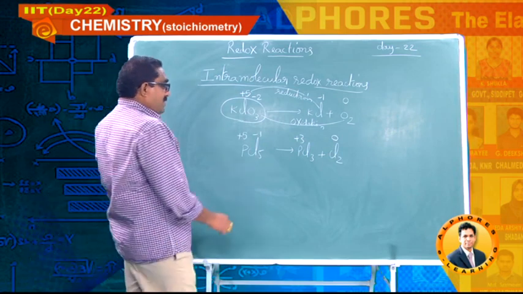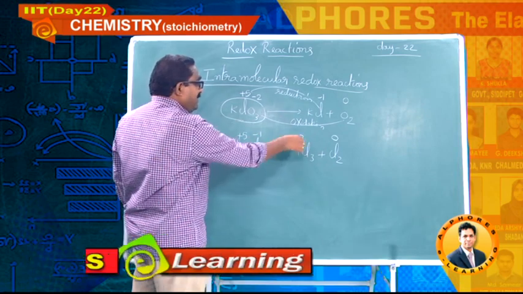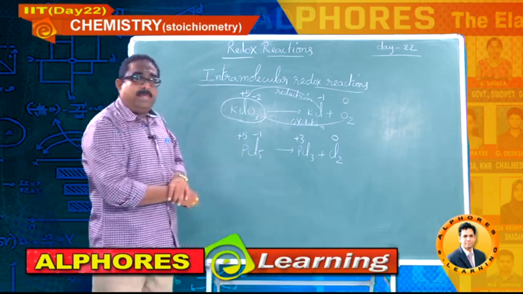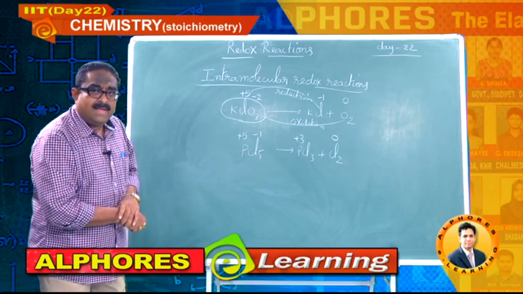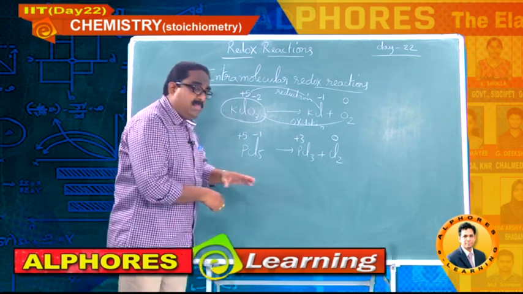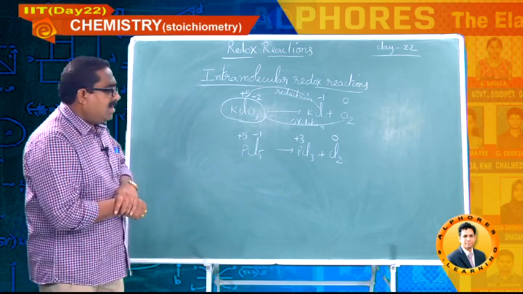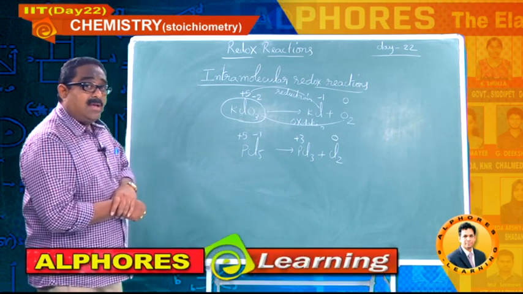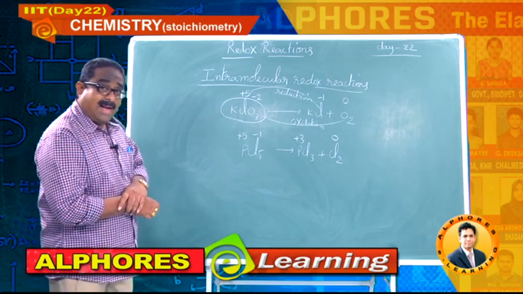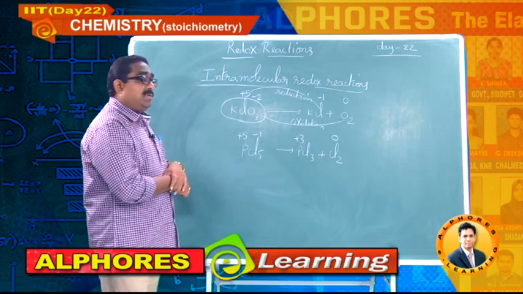Here also some chlorine is oxidizing and phosphorus is reducing, but both of them belong to the same PCl5 molecule. So the oxidant and reductant both belong to the same PCl5 molecule. That's why you can also call this an example of an intramolecular redox reaction. So write down the examples.